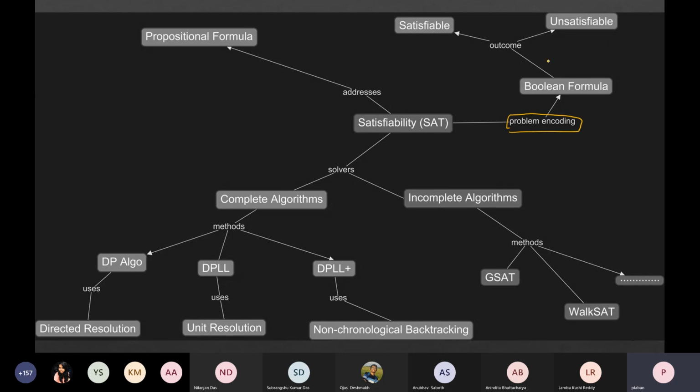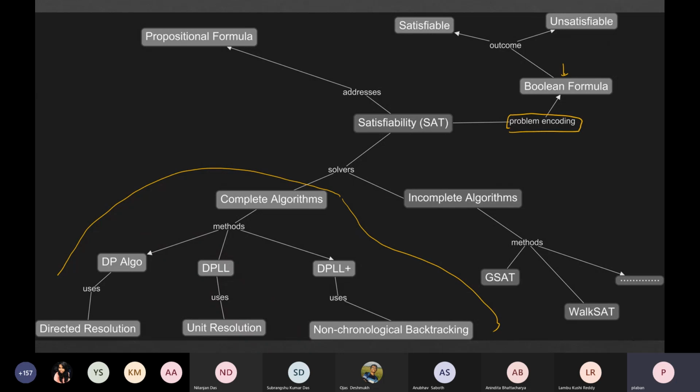Basically, we come up with a Boolean formula, and we want to declare whether that formula is satisfiable or unsatisfiable. Our primary focus would be to devise these complete algorithms. By complete, we mean whenever we have an assignment for which the formula is satisfiable, we'll be able to come up with that particular assignment, right?